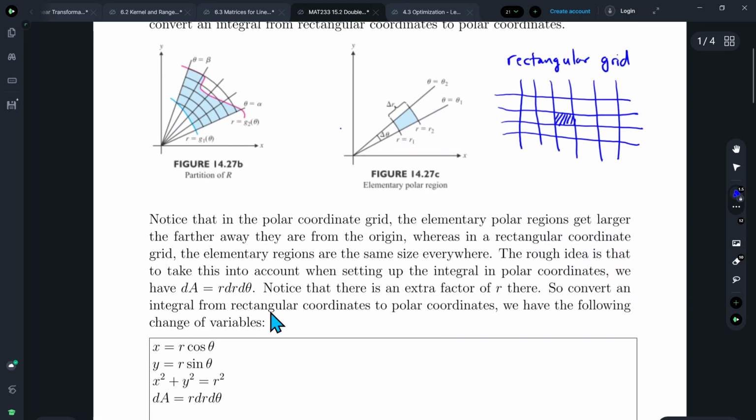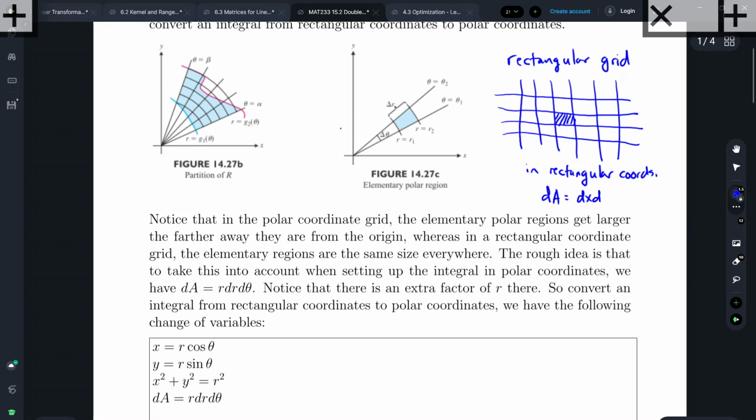So in rectangular coordinates, the area element is just dx times dy, right? So basically just length times width. dx is change in x, dy is change in y. So the area element is just dx times dy.